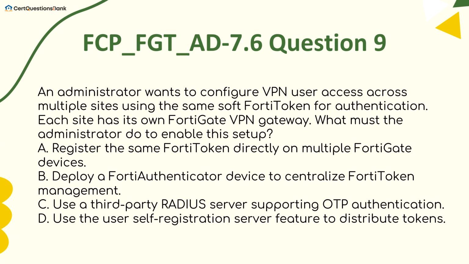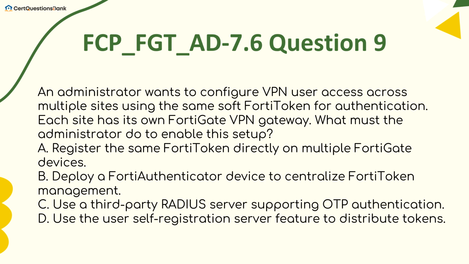An administrator wants to configure VPN user access across multiple sites using the same soft FortiToken for authentication. Each site has its own FortiGate VPN gateway. What must the administrator do to enable this setup? A. Register the same FortiToken directly on multiple FortiGate devices.